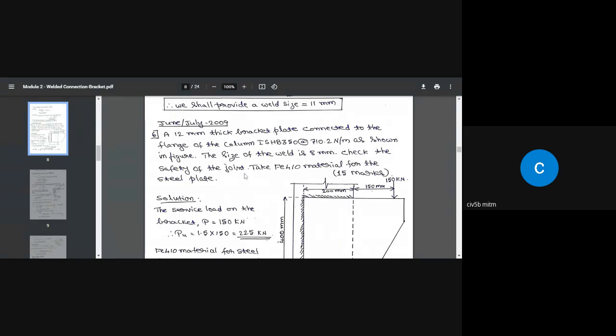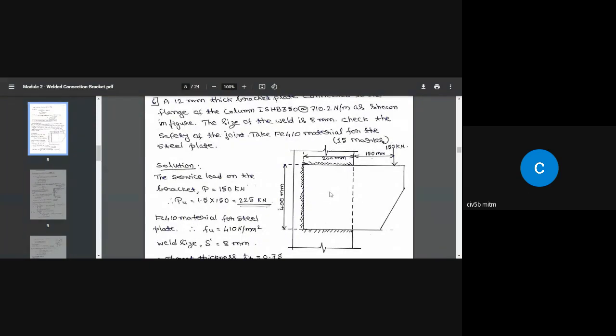The problem says we need to check the safety of the joint. That means check the safety of the weld. Everything is given here: the size of the weld, the length of the weld, the service load, and all the related dimensions.